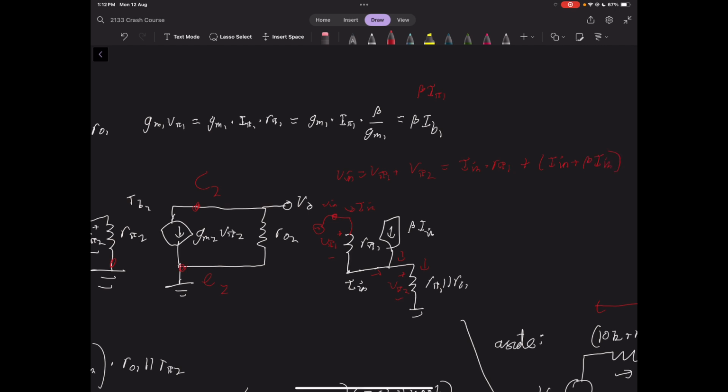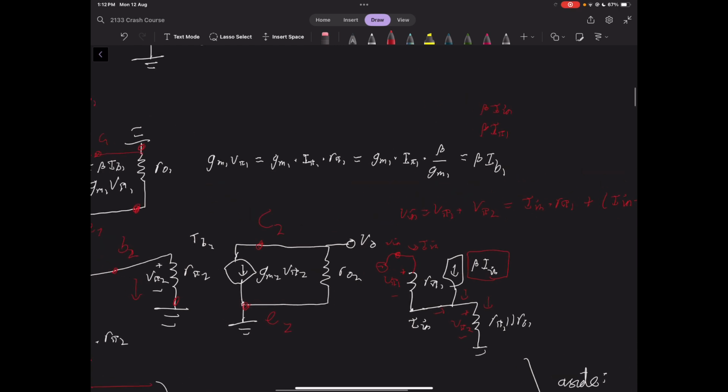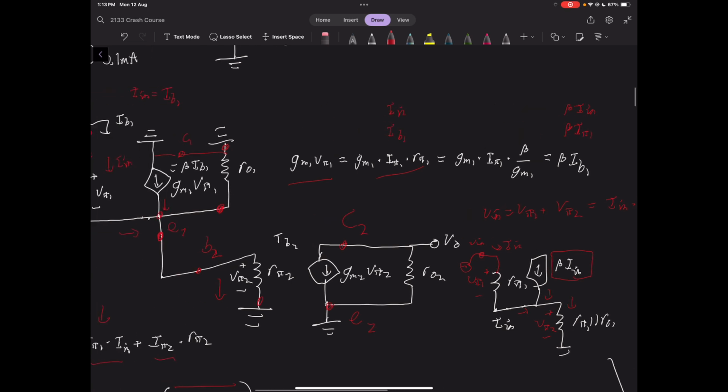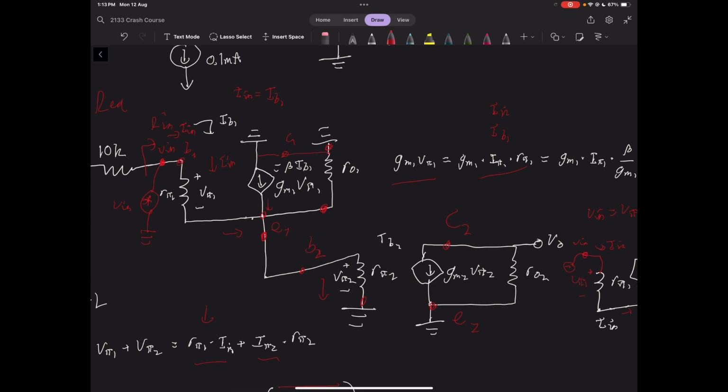And I just want to make sure that it's clear where the beta times Iin comes from. It's this substitution we made here. We know that this dependent source is V pi 1. We know that that's the same as the current I pi 1 through that resistor, and I pi 1 is the base current or the input current in this case. You can see that they're all equivalent currents.